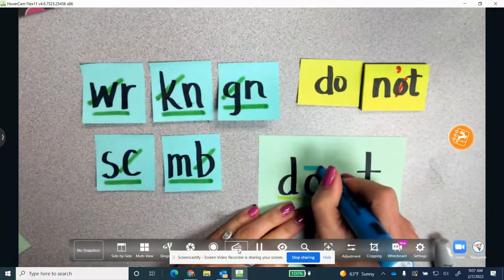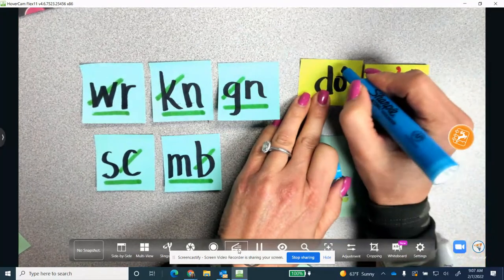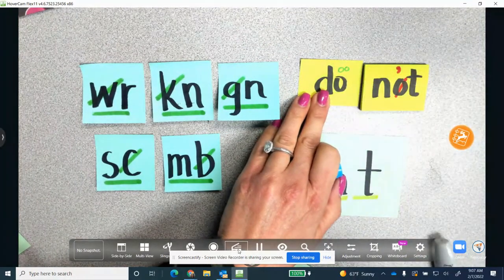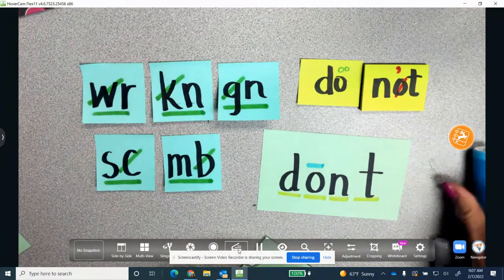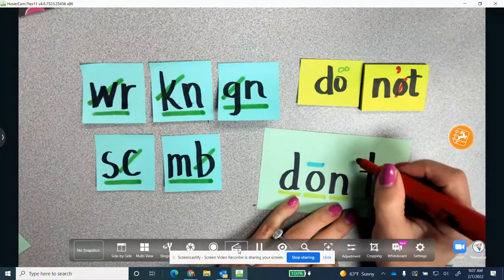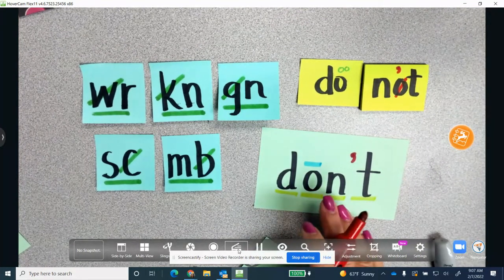It says O. In this word, do, it says oo. Okay, this says O now. Don't. And let's not forget the apostrophe. Don't.